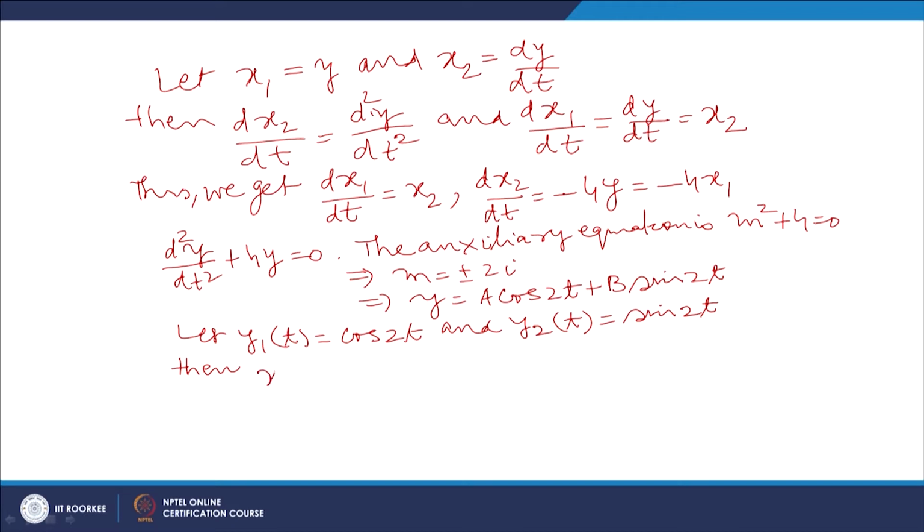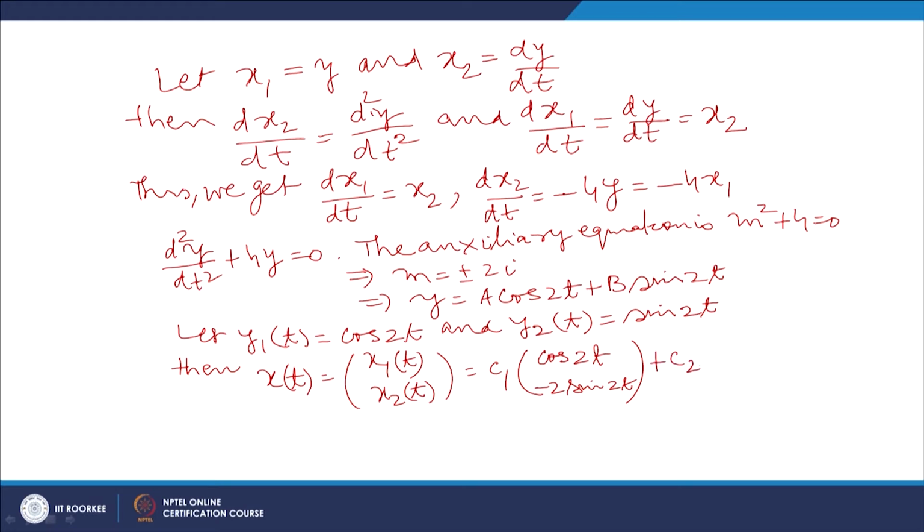So x(t) is equal to (x1(t), x2(t)) will be equal to some constant c1 times, now x1(t), let us take x1(t) to be cos 2t. So cos 2t and then its derivative, because x2 is equal to dx1 by dt. So we get minus 2 sin 2t, derivative of cos 2t is minus 2 times sin 2t, plus c2 times.